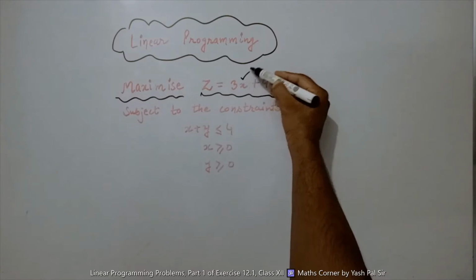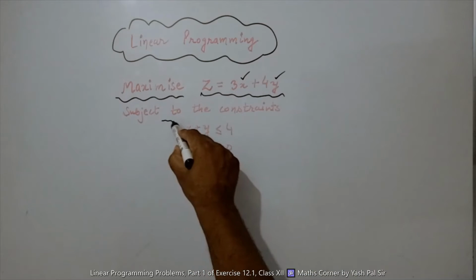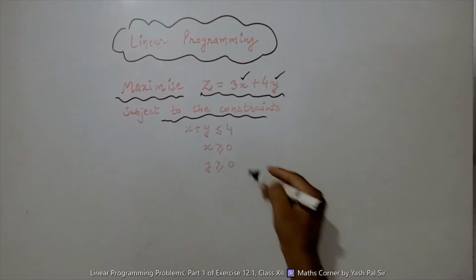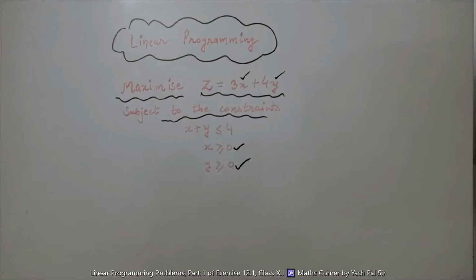Here we have x and y, two variables, subject to conditions. These are the constraints. These constraints mean conditions. Some conditions are to be satisfied, that the variables are non-negative. That is, x and y both should be greater than or equal to 0, right?